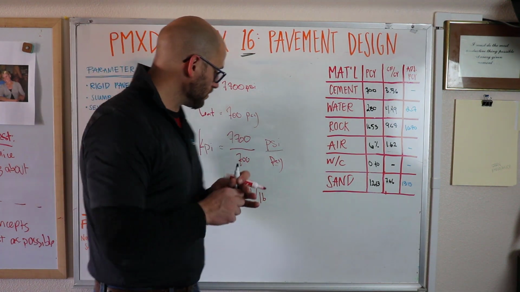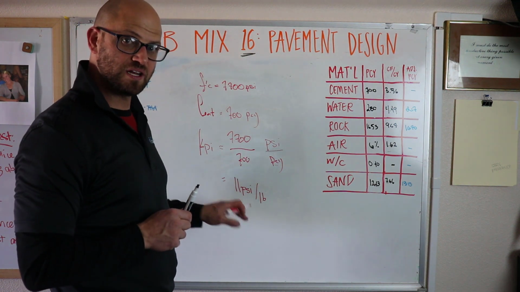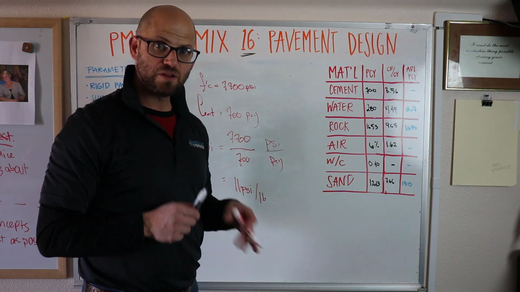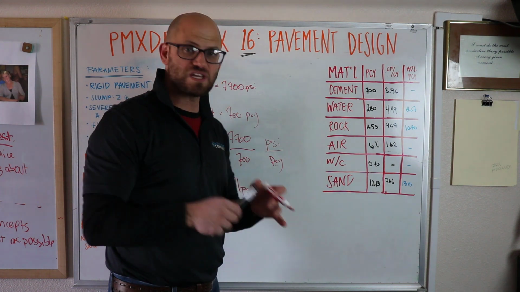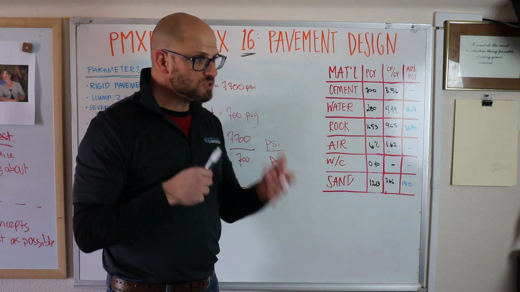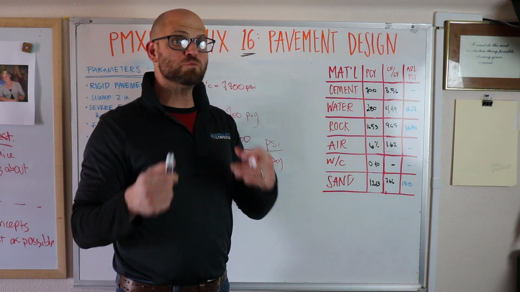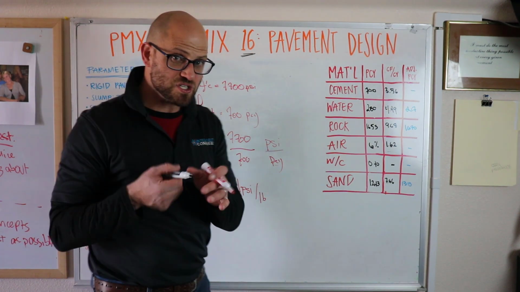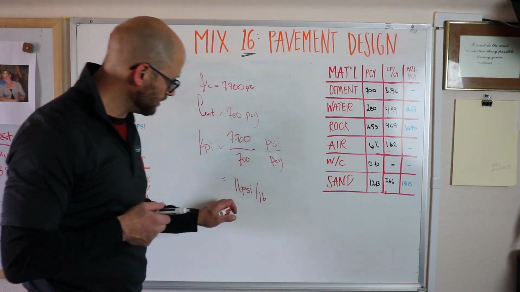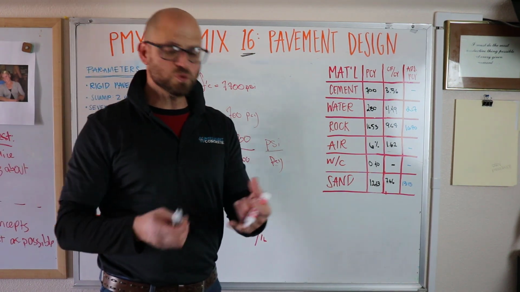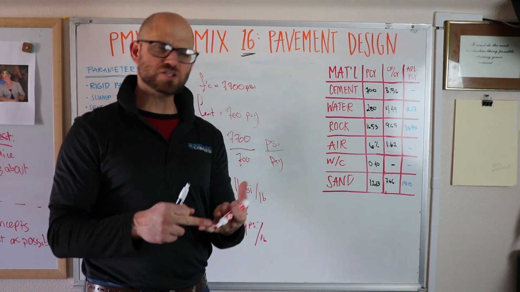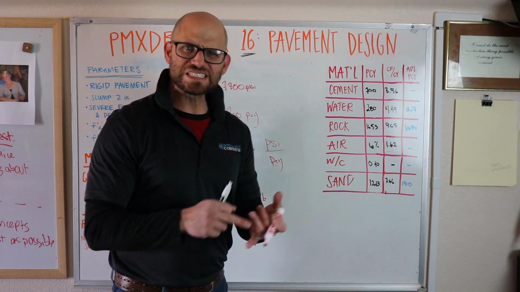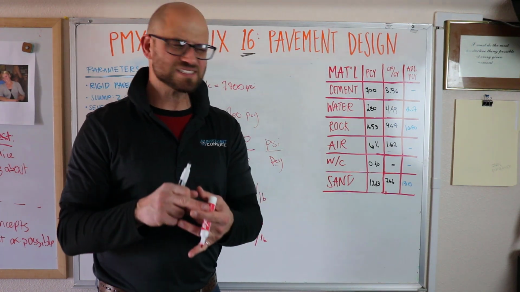Please bear in mind, there are cements that don't have an 11 PSI per pound. There are cements that only are hitting a 6 or 7 or an 8. But there are also cements that are hitting 12 and above. Now, we only need to hit an 11. If our cement is only hitting a 9, there are things that we can do by adding supplementary cementitious materials like silica fume, slag, Class F, Class C fly ash.